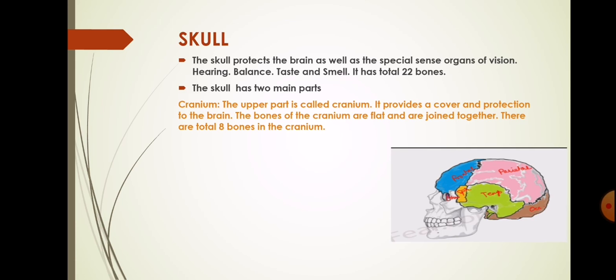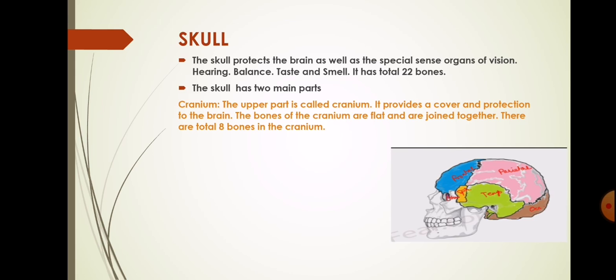Just keep in mind that there are a total of 8 bones in the cranium. You don't need the names here; in higher classes we will study the different names of the bones present in the cranium. These bones are flat and joined together with fixed joints.